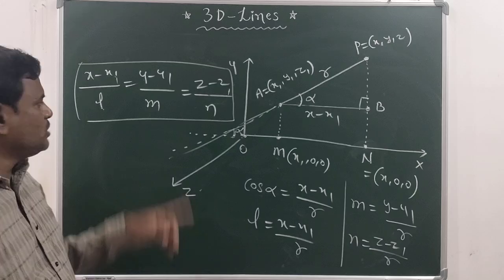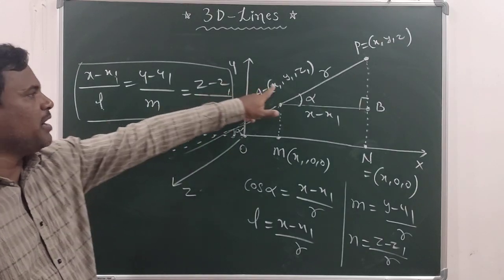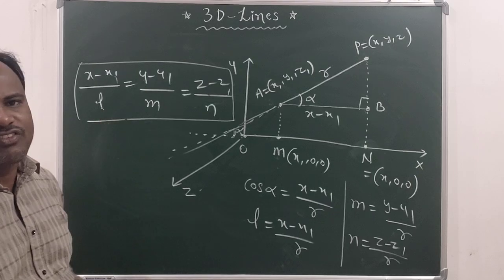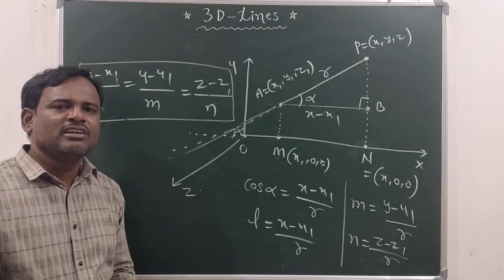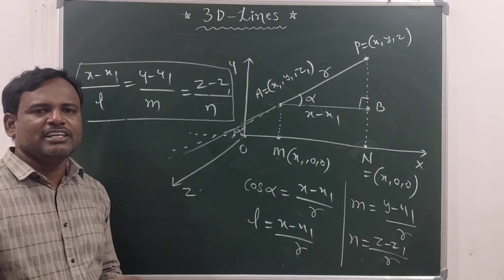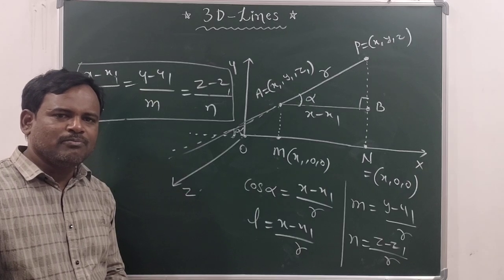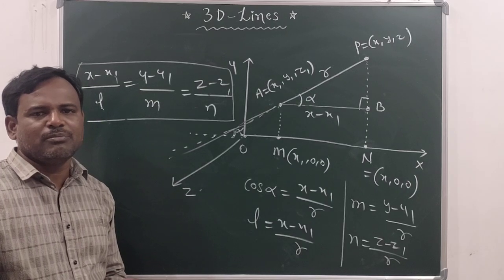When the direction cosines and one point on the line are given, apply this formula, so that you will get the equation of that 3D line. x minus x1 by l is equal to y minus y1 by m, which is equal to z minus z1 by n.